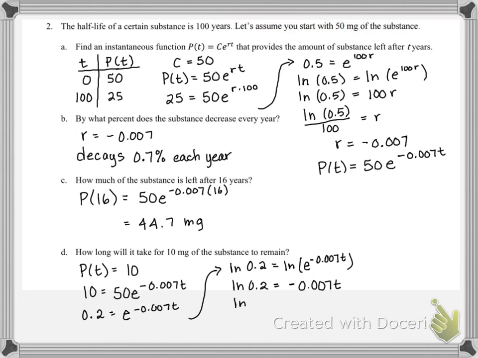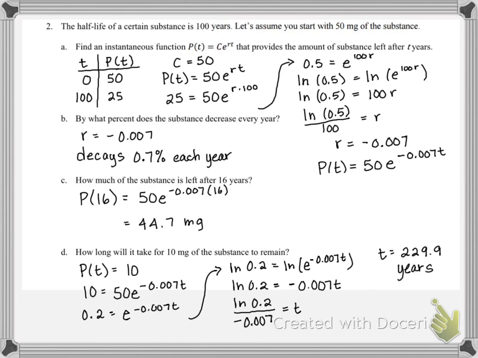And so we get the natural log of 0.2 divided by negative 0.007, which is 229.9, you said? 919. Yeah, we'll just go to 9.